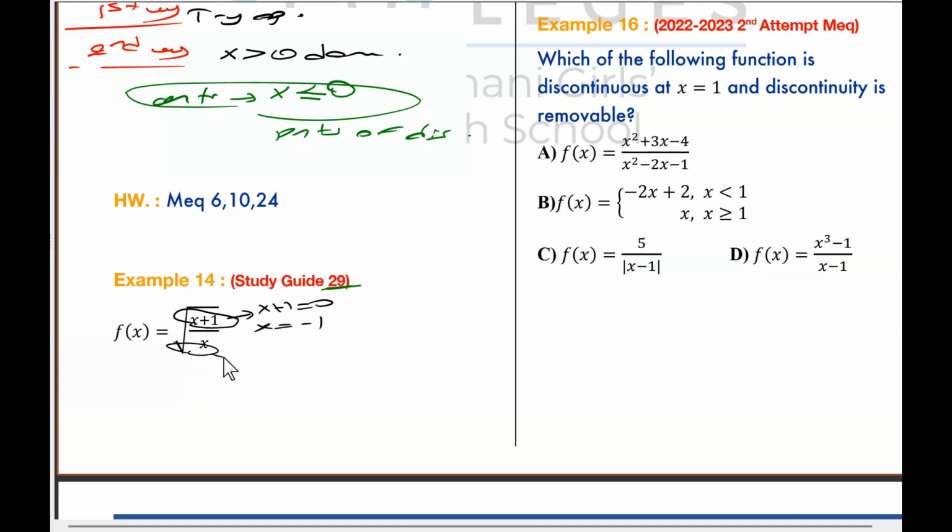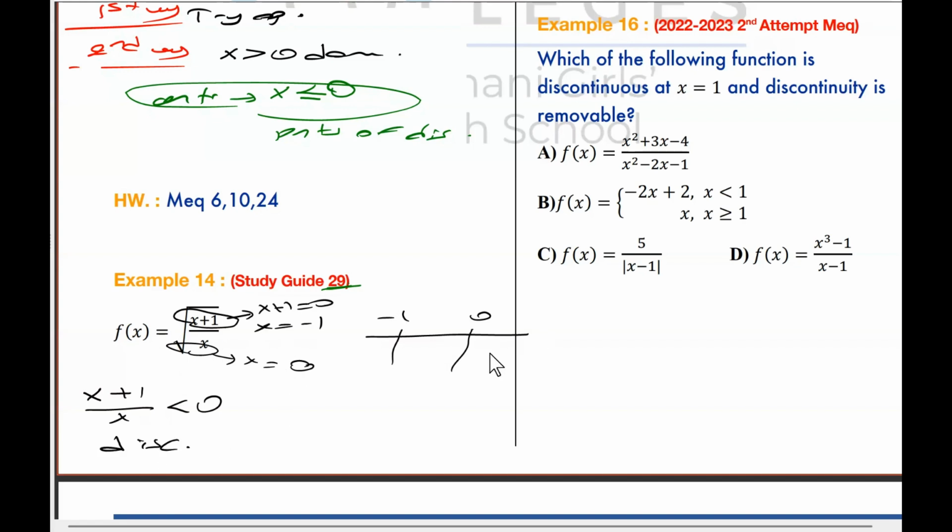What makes the bottom 0? X being 0. So those are the boundary numbers. Let's use those boundary numbers in a sign chart. Negative 1, 0. If we are finding points of discontinuity, then under root is negative, right? So those are the points where the function is discontinuous.